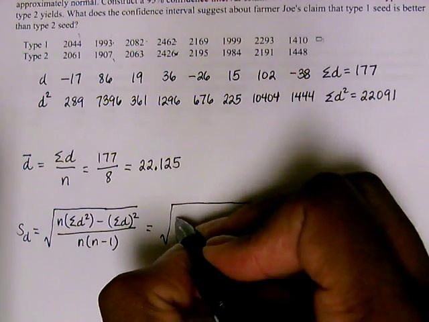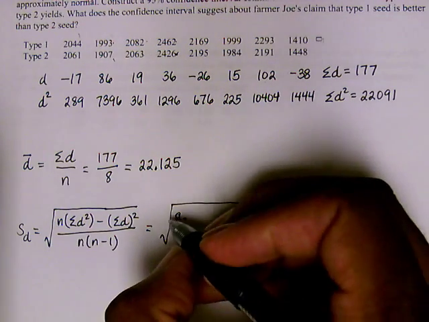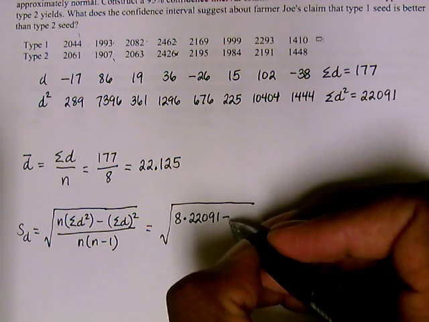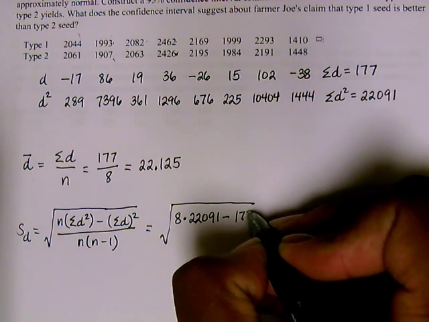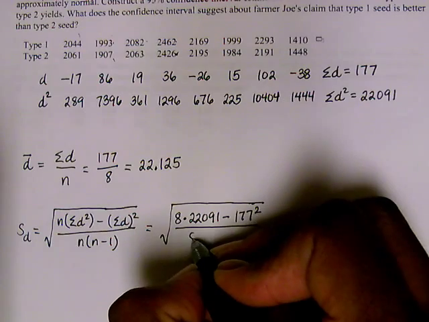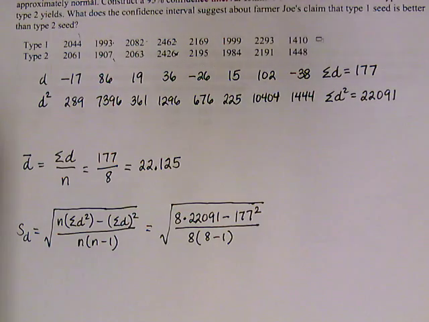N is the number of paired data, that's 8, times the sum of your d squares, 22,091, minus the sum of your d's, 177, squared. All that's over n, which is 8, times 8 minus 1.